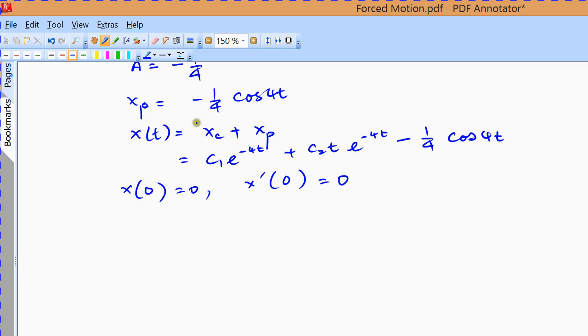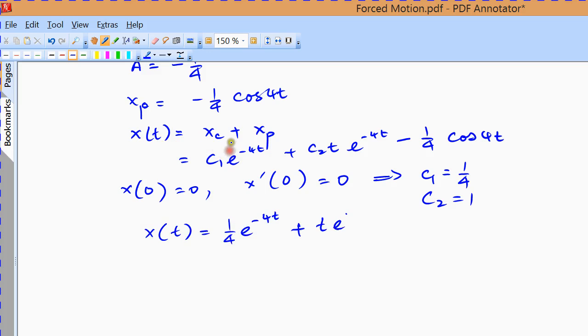You can try and substitute these into the equation, and you will obtain that c1 is 1 over 4 and c2 is 1, and so we obtain our final answer as 1 over 4 e to the power minus 4t plus t e to the power minus 4t minus 1 over 4 cos 4t.